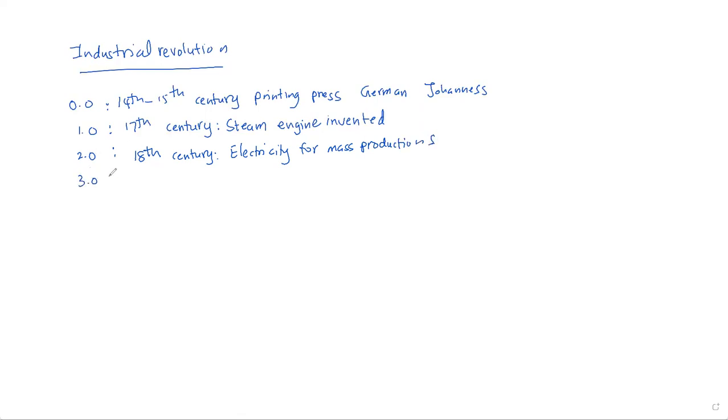Then we can talk about Industrial Revolution 3.0, which happened in the 19th century, 1969, around that time, where computer-driven systems were added to the industries.